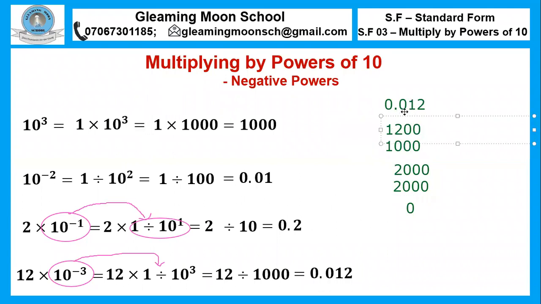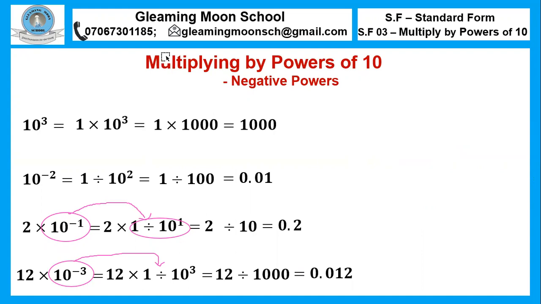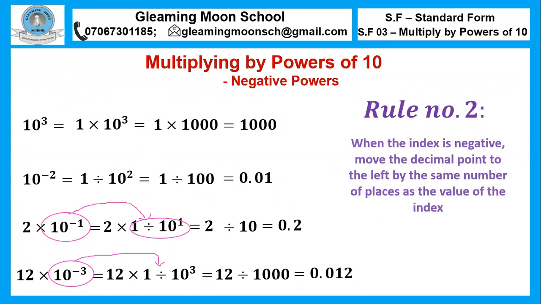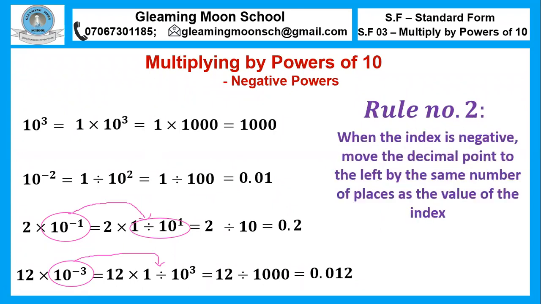Okay, that brings us to rule number 2. And what does rule number 2 say? That when the index is negative, you move the decimal point to the left by the same number of places as the value of the index.